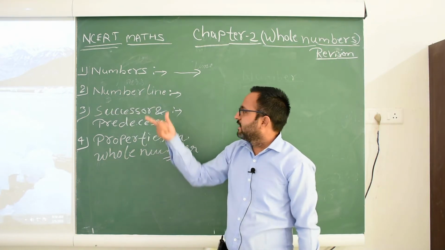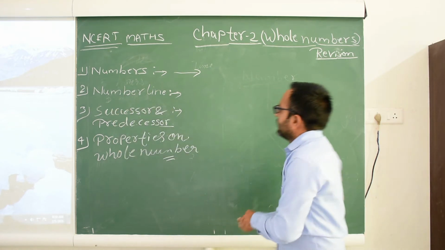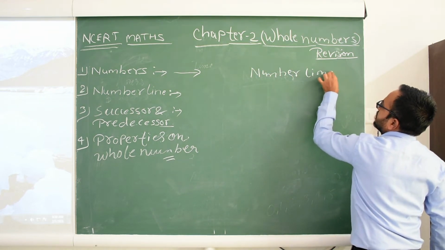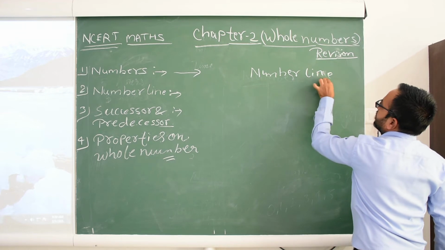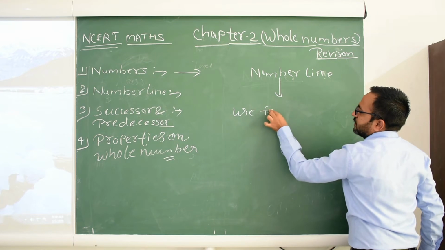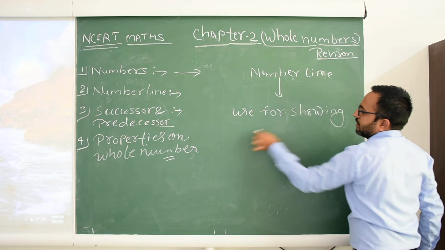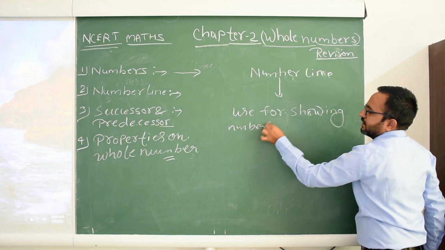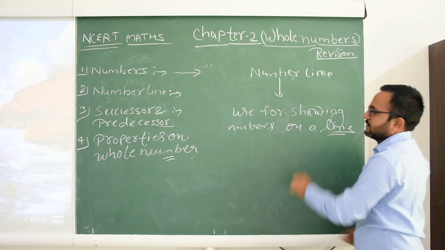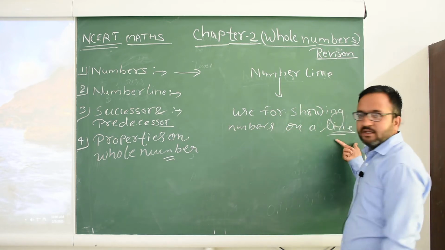Once again I repeat, a number line is a line which represents numbers. So this is the definition: a number line is used for showing numbers on a line.